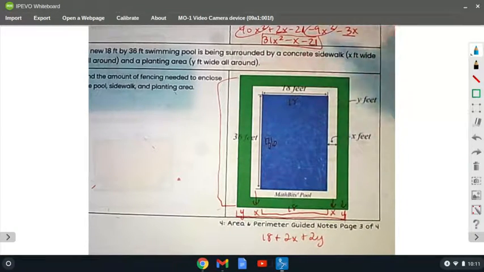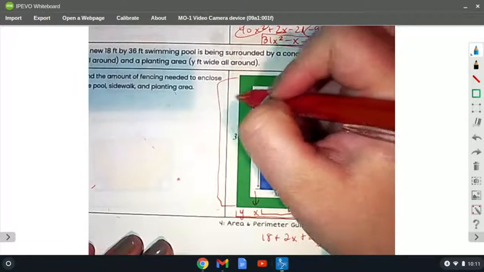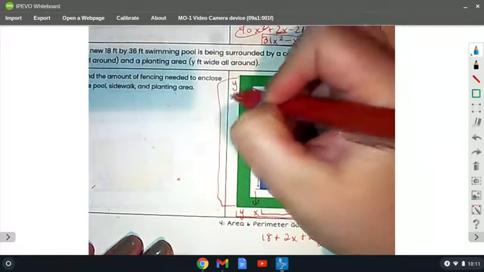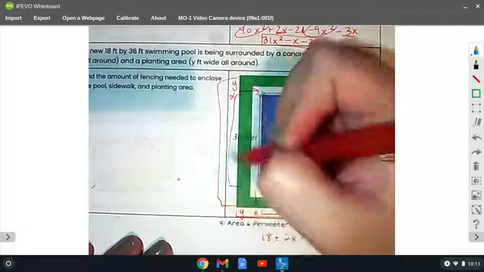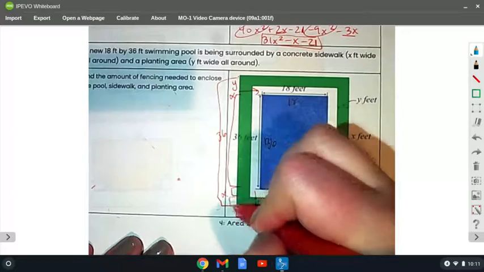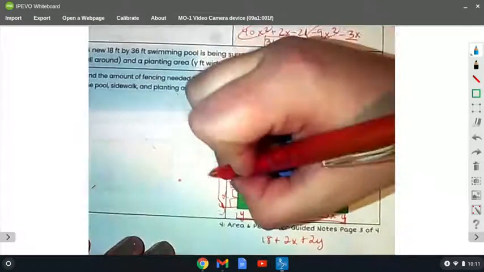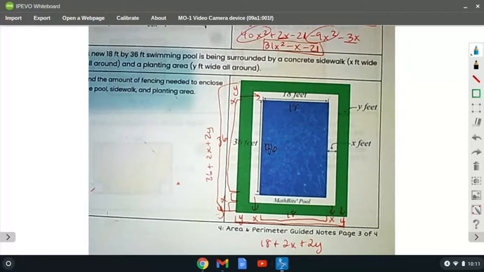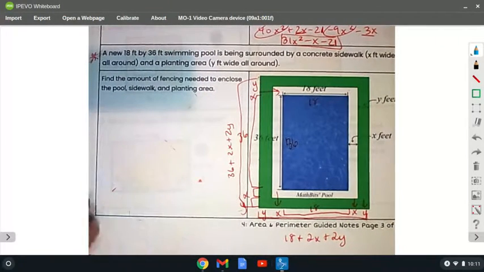Okay. Then if I look at this side, I have the blue. Well, first I have the green, which is y. Then I have the white, which is x. Then the length of the blue is that 36. Then I have another x and another y. So here I would have 36 plus 2x plus 2y. So you're just adding all those little pieces, all those little lengths together.